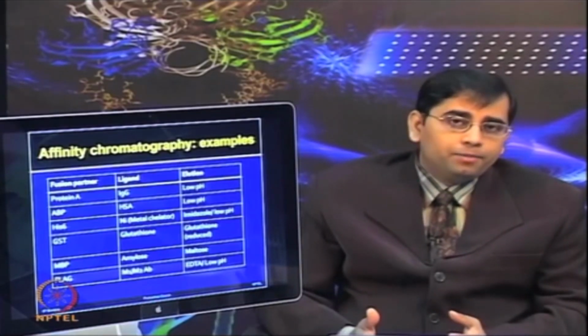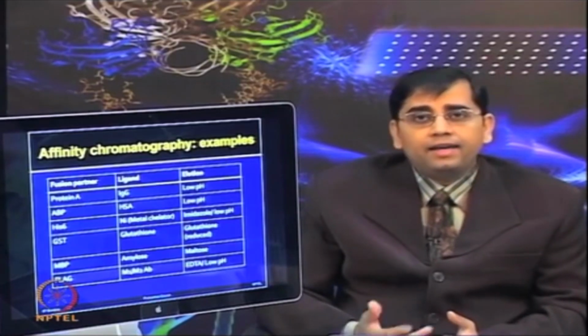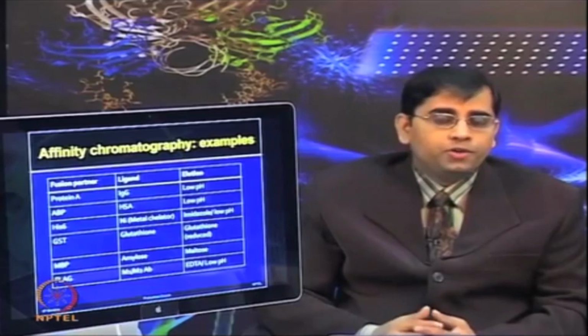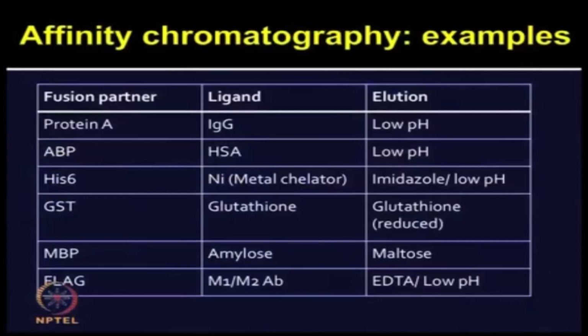There are many other examples where different types of fusion partners and ligands are used for the affinity chromatography method. As shown in this slide, protein A binds with IgG, and the proteins can be eluted by lowering the pH.